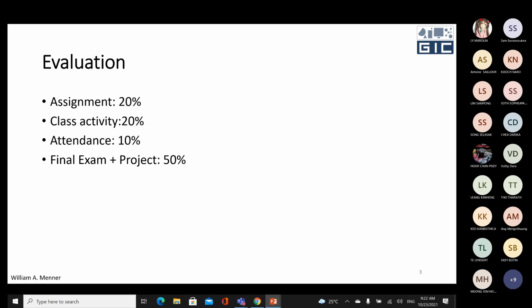For evaluation, we focus on the assignment. Every TP assignment in class will be corrected directly inside the class. After the class, you will have extra work as an assignment or homework to do, and then submit to the system.